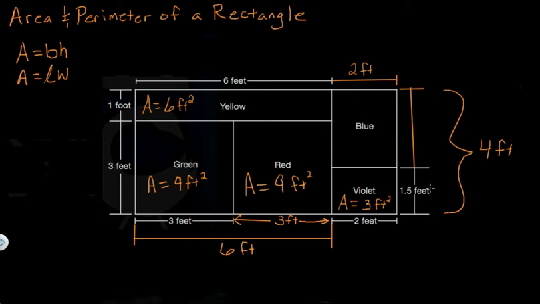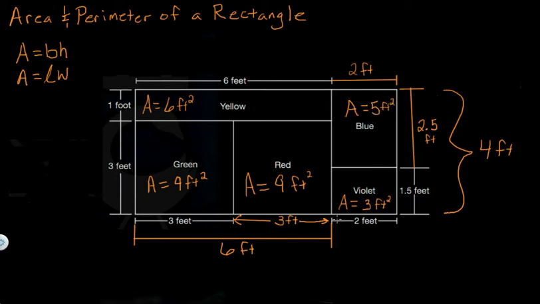So if this whole thing is 4 feet and a portion of it is 1.5 feet, that means that the remaining portion that we need to know has to be 2.5 feet. All right, so if we know that one side is 2.5 feet and the other dimension is 2 feet, we can conclude then that the area of the blue portion is 5 square feet.